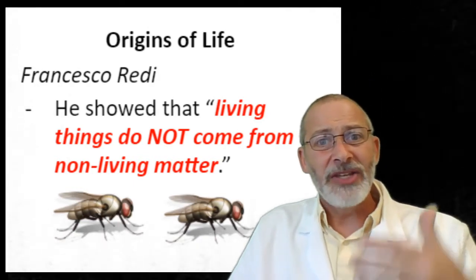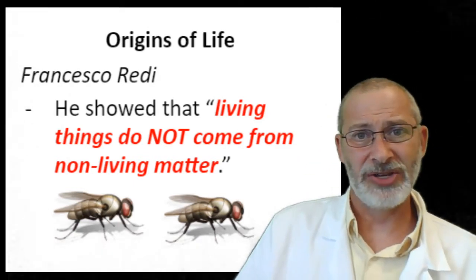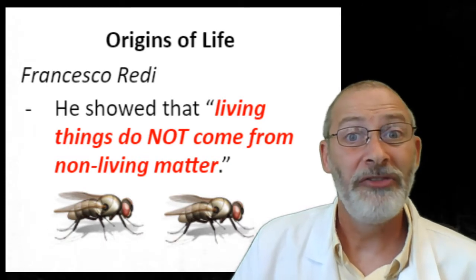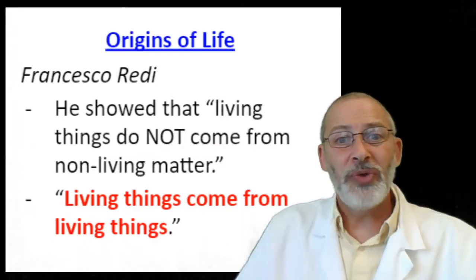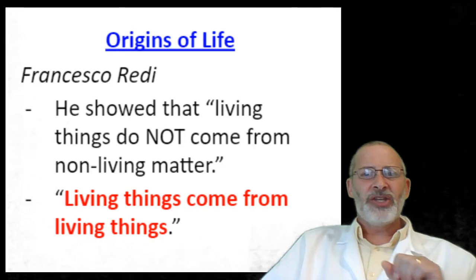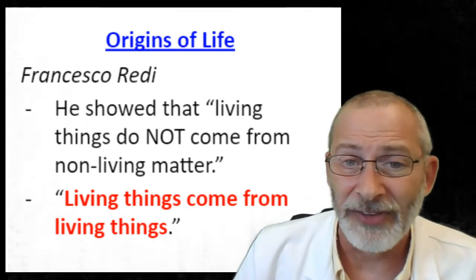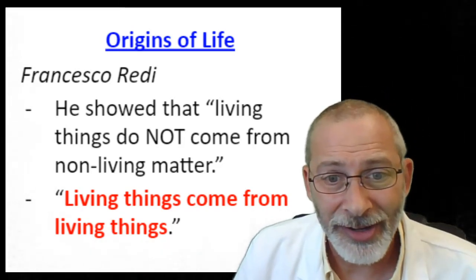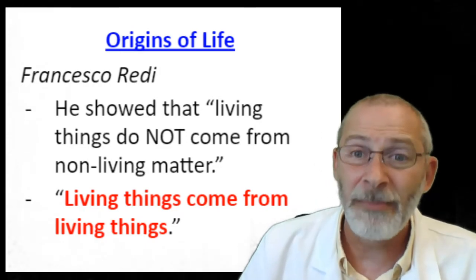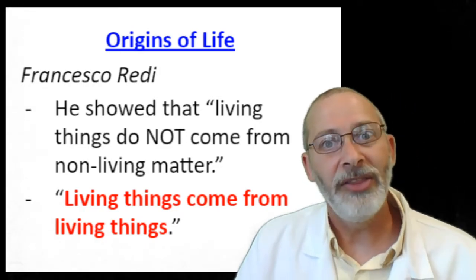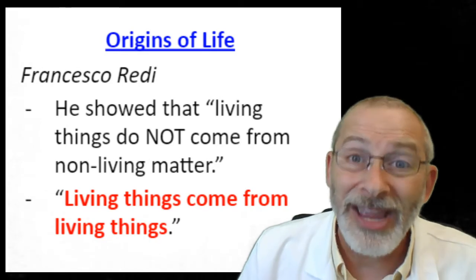So the flies went through a life cycle and produced more flies. So Redi showed that living things do not come from non-living matter, but rather that living things come from living things.